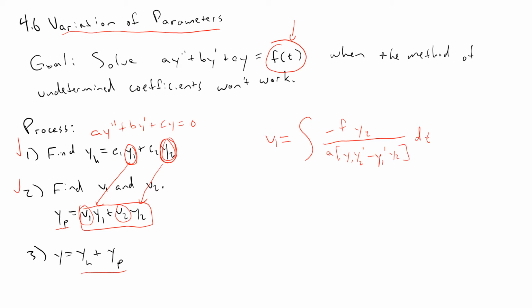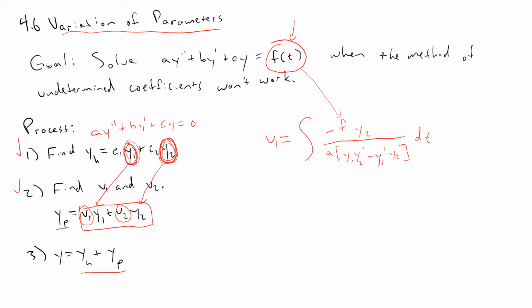So there's a lot going on in this integral, but the thing you need to understand is really all the pieces here are pieces that just come from work we've already done or were given to us in the equation. So for example, this f is exactly what we had on the right hand side of our equation. Everywhere we see a y1 and a y2, those again came from step 1 in our process when we found our homogeneous solution.